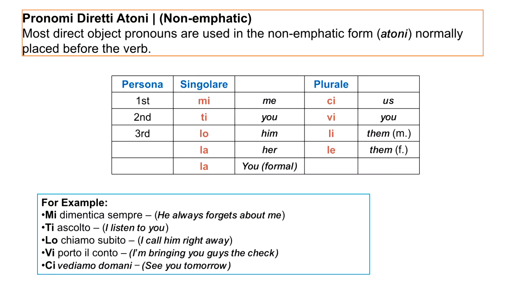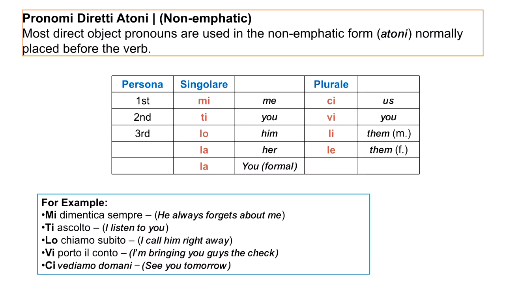But this is non-emphatic, so that's why the pronoun is at the beginning of the sentence. Okay? Another example, ti ascolto. I listen to you. Lo chiamo subito. I call him right away. Vi porto il conto. I'll bring you, plural, you guys, the check. Okay? Ci vediamo domani. See you later.